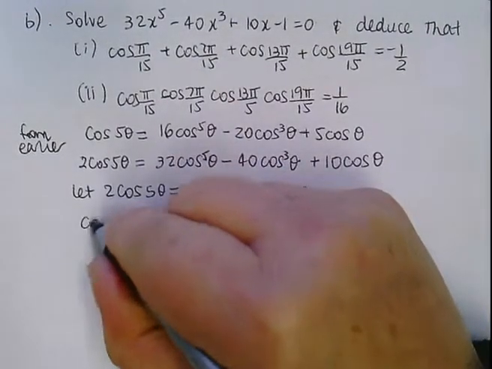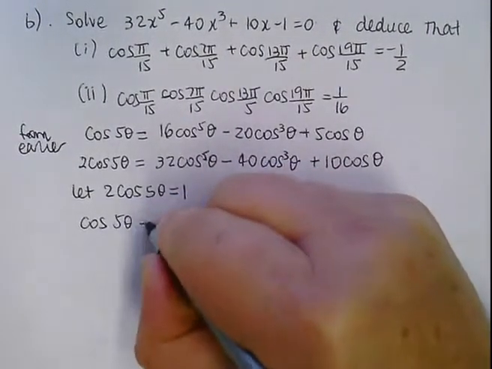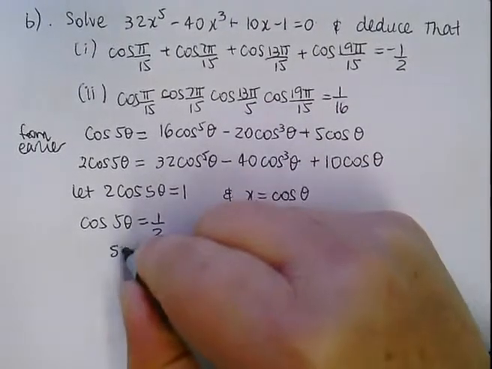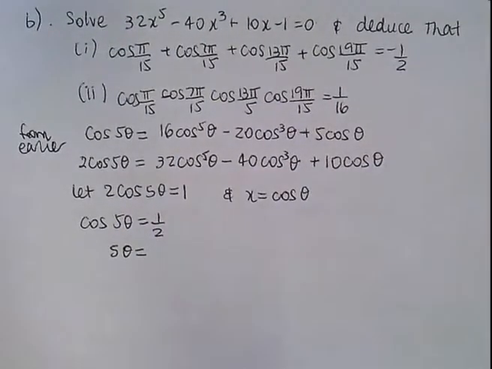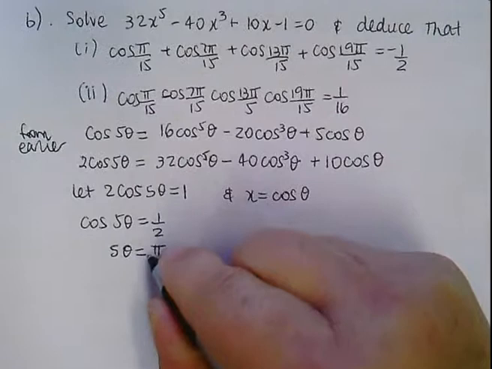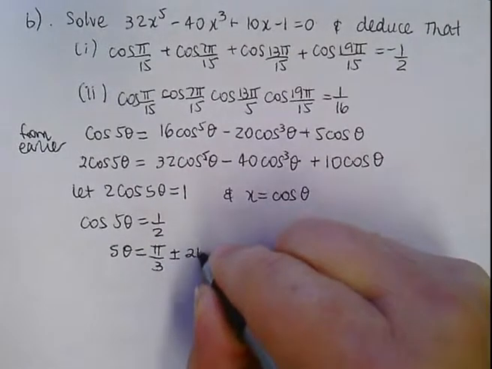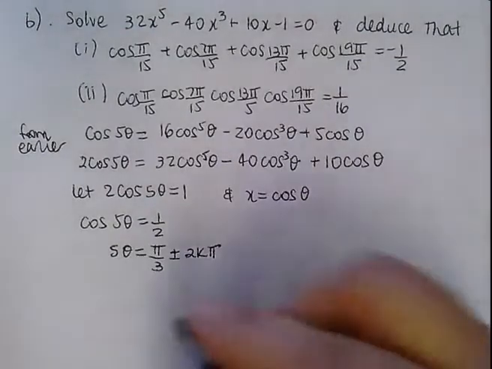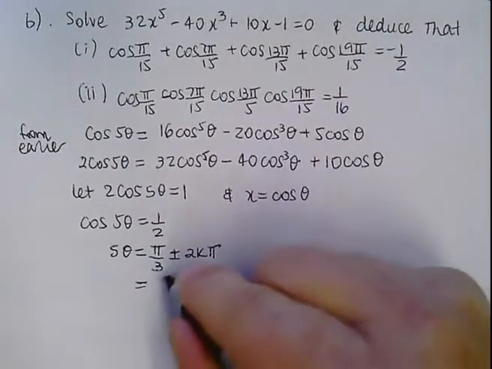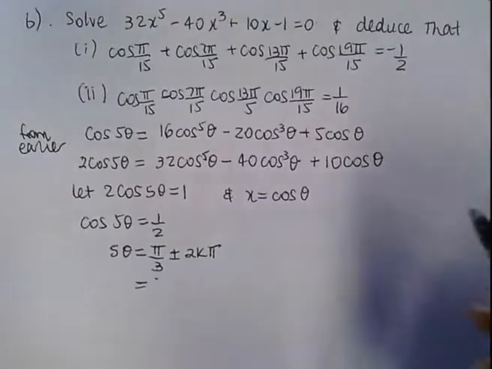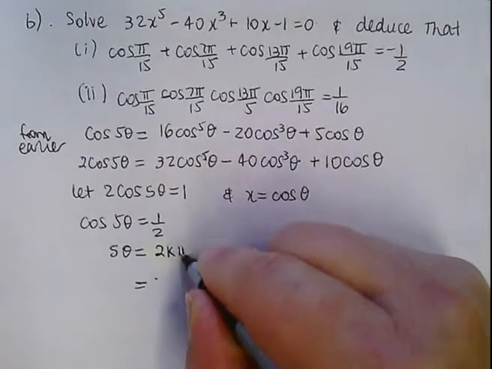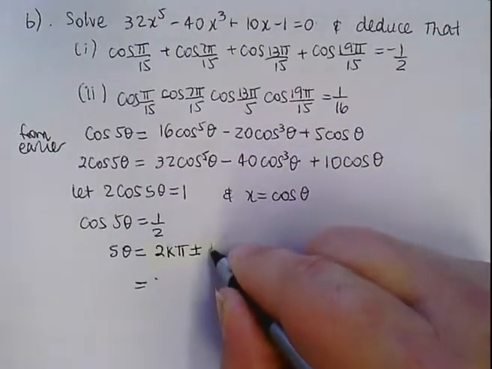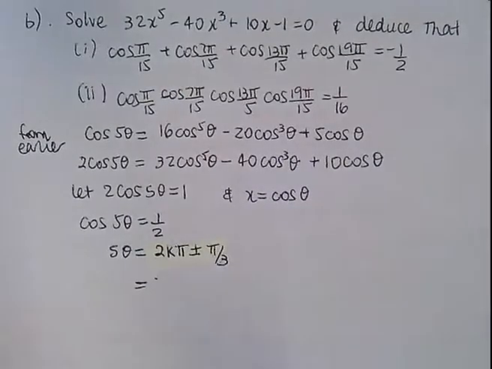Let's first solve cos of 5θ equals a half. So cos of 60°, which is π on 3, equals a half, so 5θ equals 2kπ plus or minus π on 3.